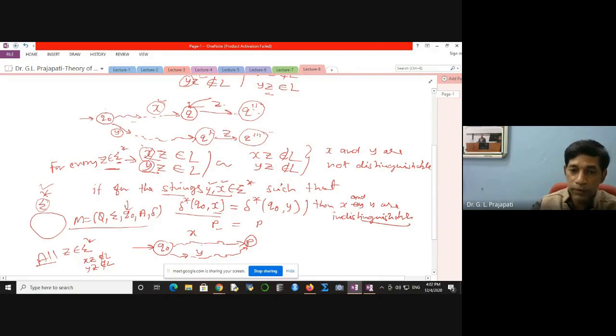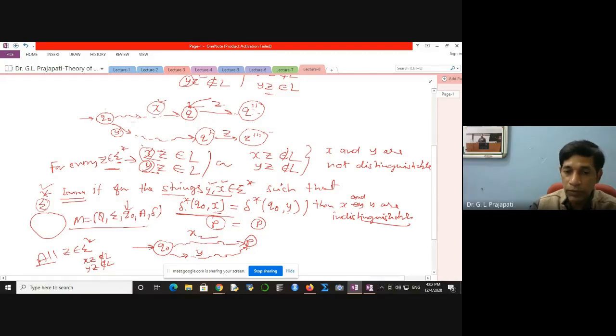So this is actually the lemma. This lemma says that if you have strings x and y for which delta star q0 x and delta star q0 y remain the same, meaning the states are the same, then x and y are indistinguishable. Why is it so?